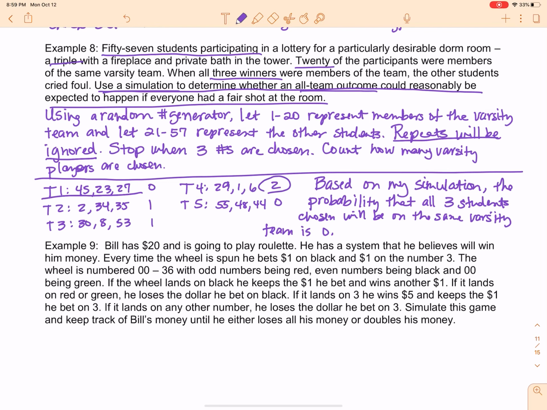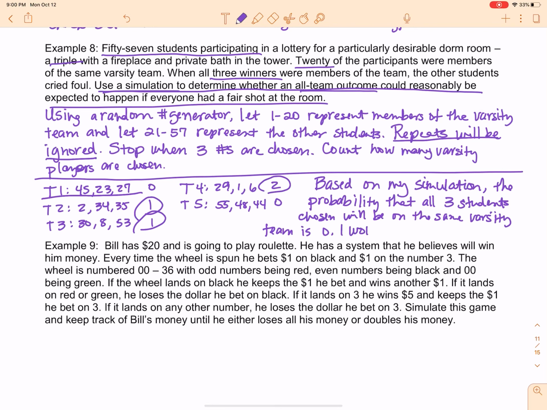I had a situation where I had 2 varsity players, and I had 2 trials where I had 1, but I didn't have any where all 3. So, how reasonable is it? Not very reasonable, is it? So now, based on my probability, I would call into question the fairness, okay?